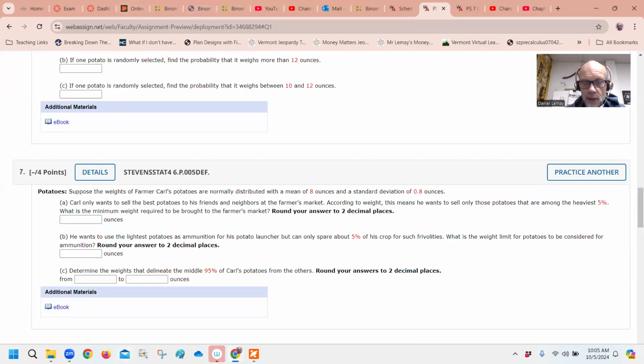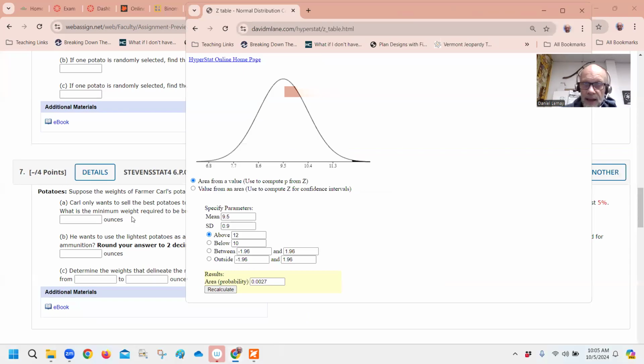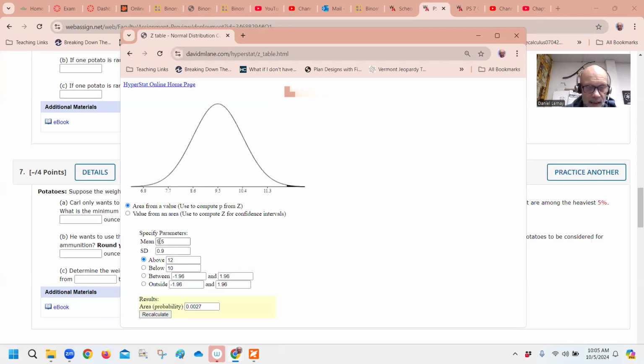So we're going to go back to the applet, and I'm going to change the mean, because now the mean is, oh, I didn't write it down. The mean is 8, standard deviation 0.8. Oh, WebAssign's not being very original here. 8 and 0.8. So then I'm going to do the top 5%.